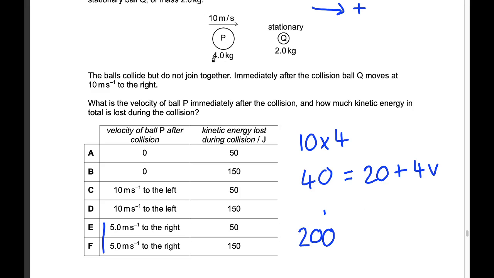That will be my kinetic energy of my ball P. So 1/2 times 2 times 5 squared, that's going to be 50. And my ball Q is 2, that's my mass, times 1/2, which is just 1, times 10 squared, so it's just going to be 100. So we started with 200, we end up with 150, so we've lost 50. So the answer is going to be E. Okay.